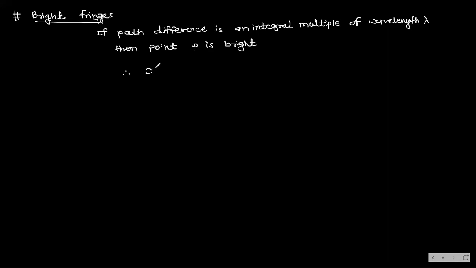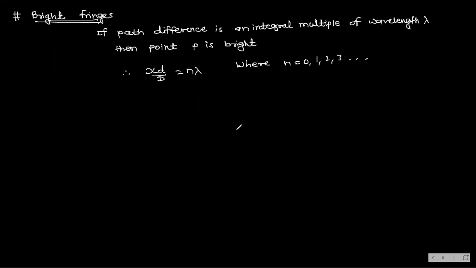So therefore, xd by capital D should be equal to n lambda, where n is equal to what? This is a condition, in problem solving it will be useful. Okay, where n is equal to 0, 1, 2, 3 and so on.